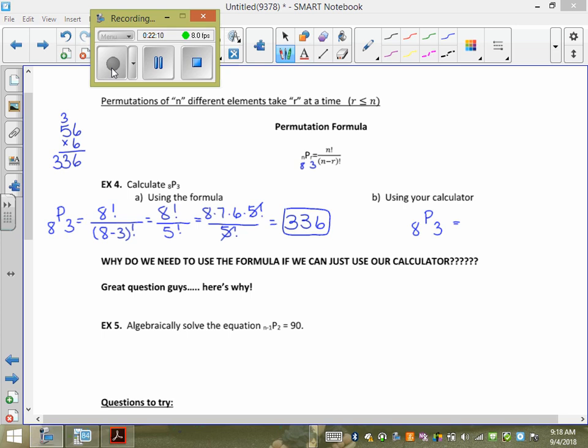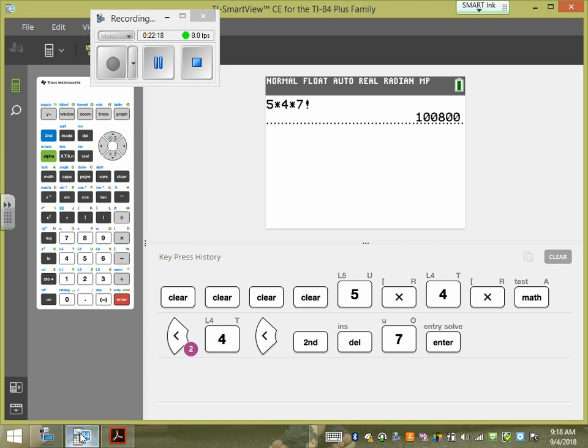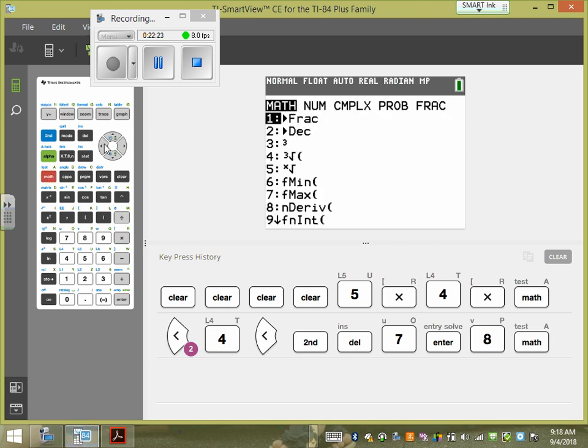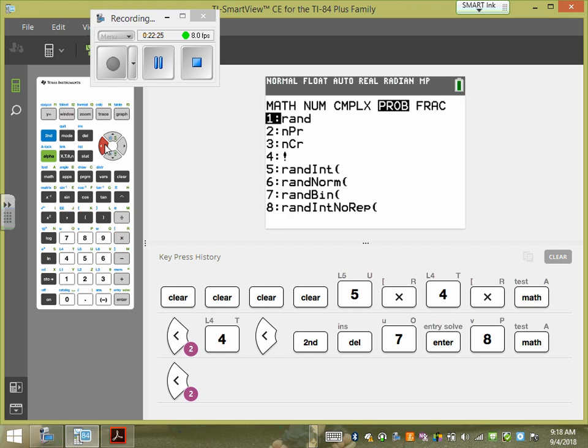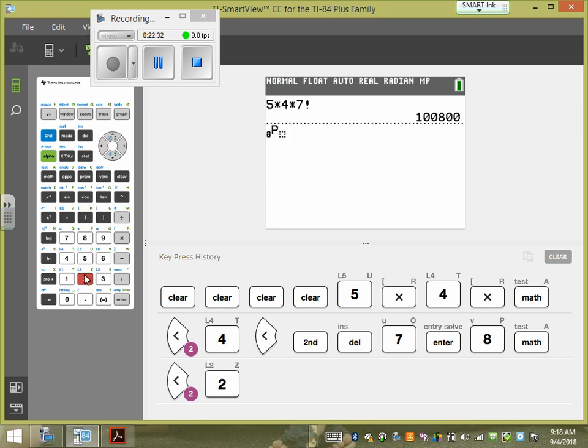Okay? Now, how do I put 8P3 into my calculator? Remember the same spot where the factorial is? That's the same place you're going to go. So we're going to go 8, math, arrow to the left to probability. You might have to go 2 or just 1. A lot of you will just go 1. And then you're going to pick 2, which is the nPr. And then what was it?